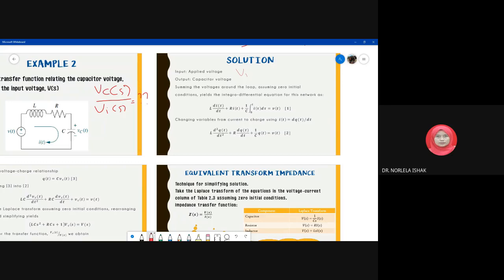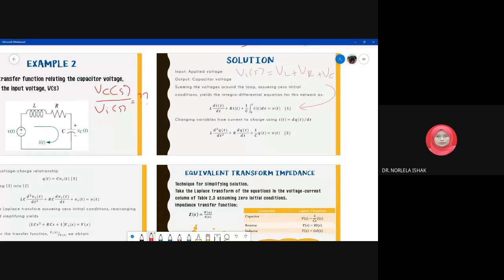Our V in should equal VL plus VR plus VC, right? Then from here we derive based on the differential equation, so you can get equation number 1.